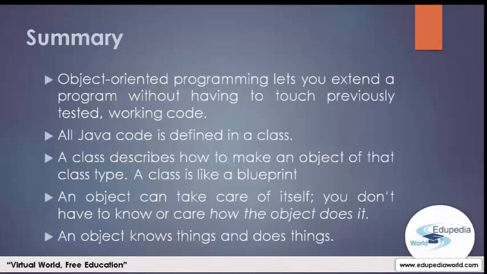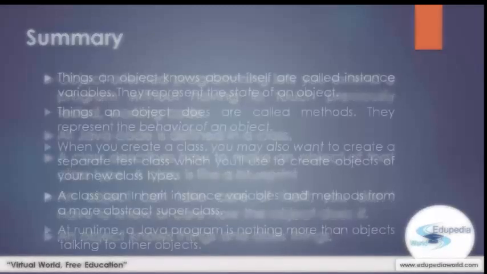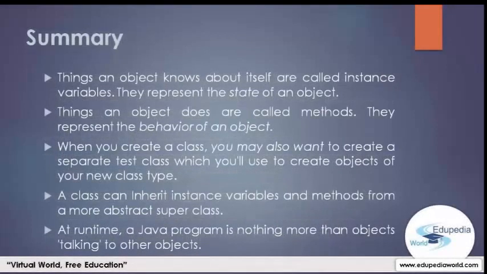All Java code is defined in a class, and a class describes how to make an object of that class type. So a class is like a blueprint. An object can take care of itself. You don't have to know or care how the object does it. An object knows things and does things. So we call them instance variables and methods. The instance variables represent the state of the object and methods represent the behavior of the object.